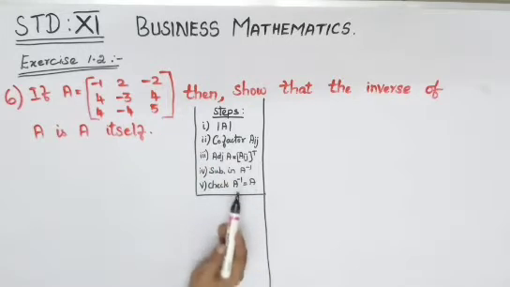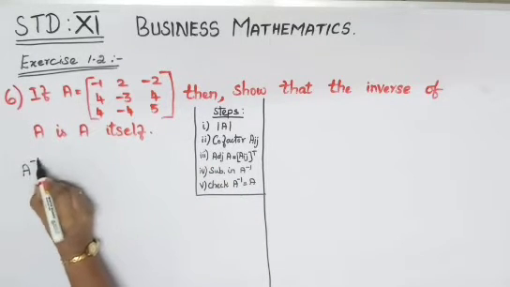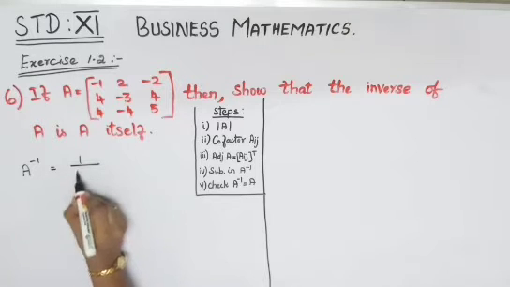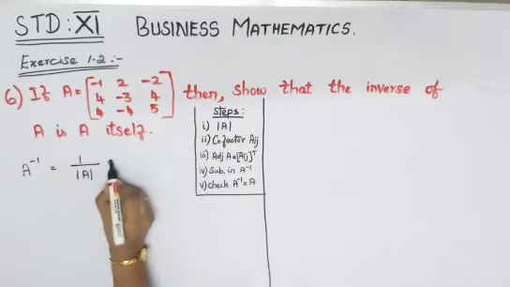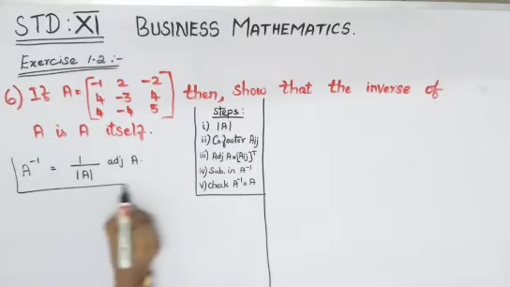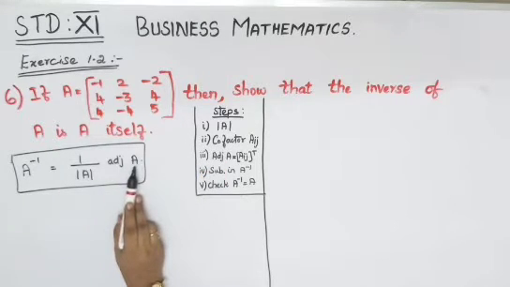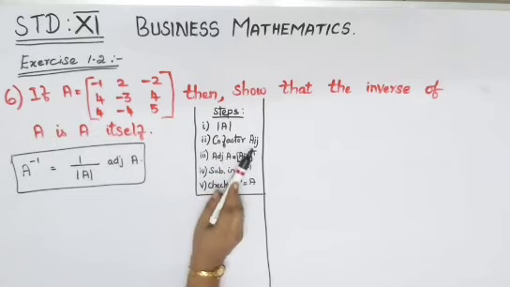First, you will have to find your A inverse. What is the formula? A inverse is equal to 1 divided by determinant of A, into adjoint of A. To find this, determinant of A is your first step. Adjoint of A means you need your cofactor first, so cofactor Aij is needed.